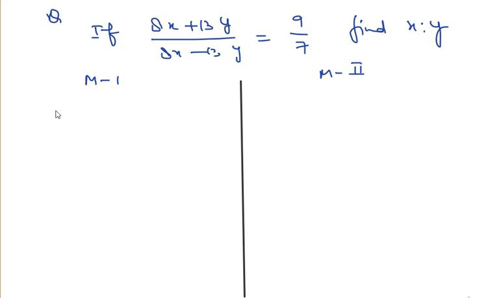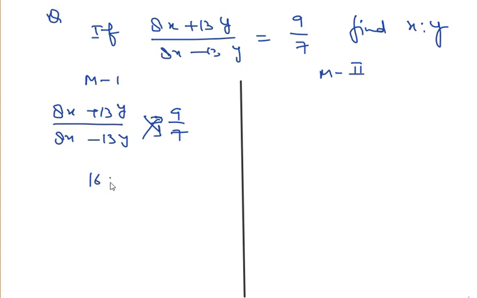In method 1, 8x plus 13y upon 8x minus 13y is equal to 9 upon 7. Cross multiply and simplify this, and you will get 16x is equal to 208y, and x upon y will be equal to 208 upon 16. Your answer will be 13:1.